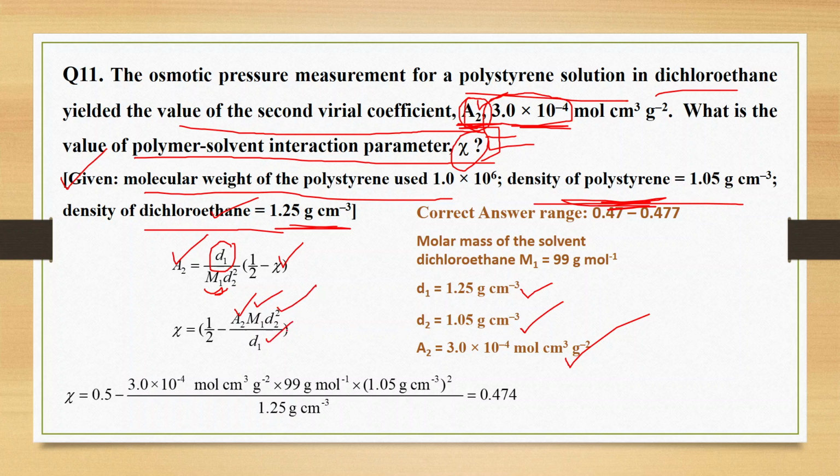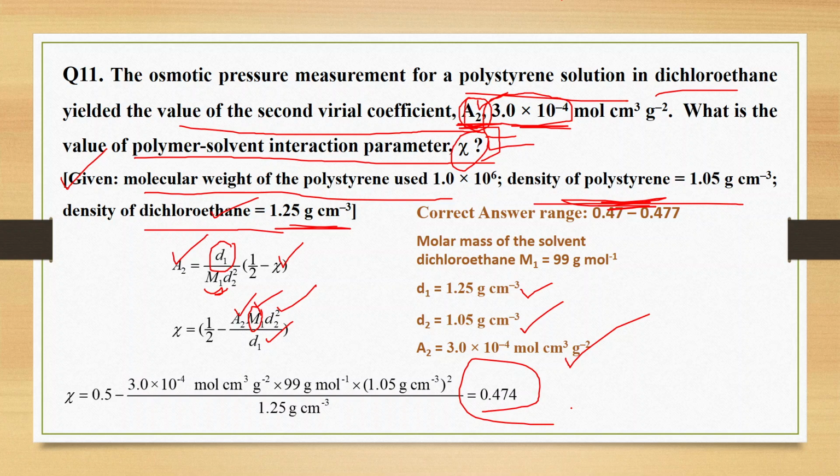The only thing you need to calculate here is M1, the solvent's molecular weight. The solvent is dichloroethane, it is already stated, so you know the structure of dichloroethane and you can easily calculate that from there, and you will end up with a value like 0.474.